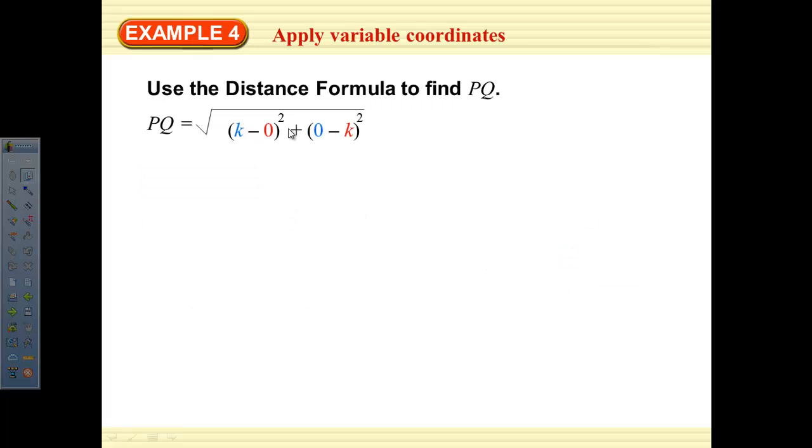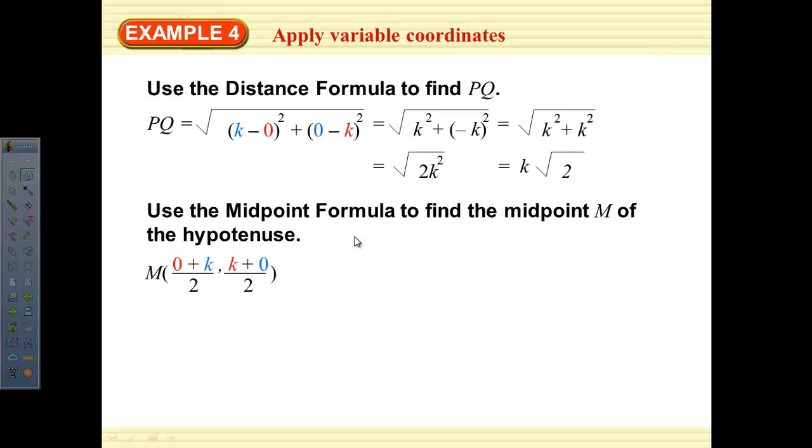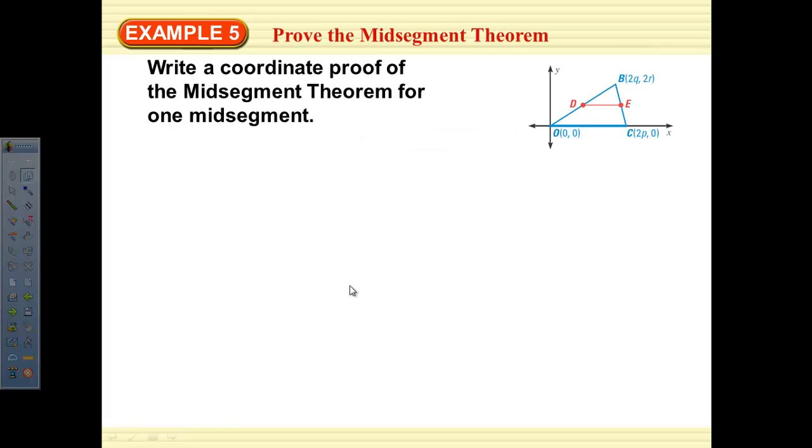And so the work is still the same. k minus 0 and 0 minus k. That gives us k squared and negative k squared. And we get 2k squareds there. We take the square root of both sides. We get k rad 2. And again, midpoint formula here. 0 plus k over 2, k plus 0 over 2. Our midpoint is at k over 2, k over 2.